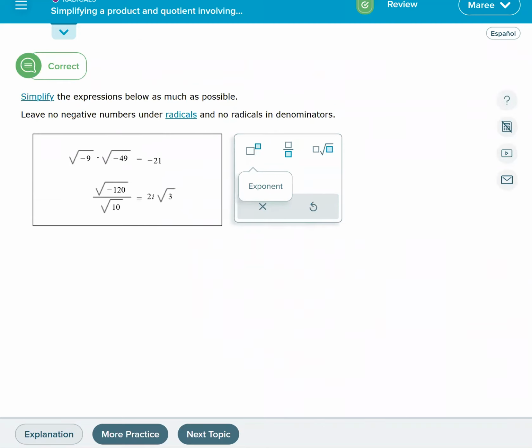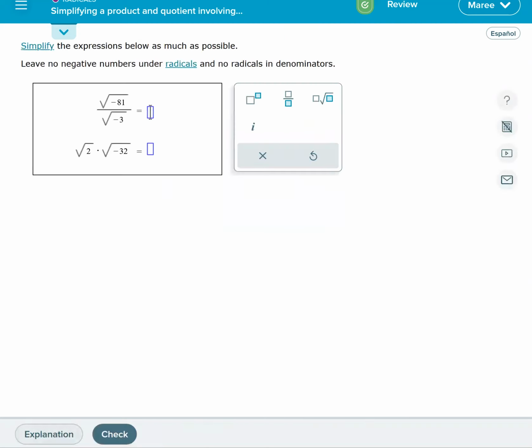All right, let's do another one. So, let's see. 81 divided by 3 is 27. So we're going to have the square root of -81 over -3 equals square root of 27.